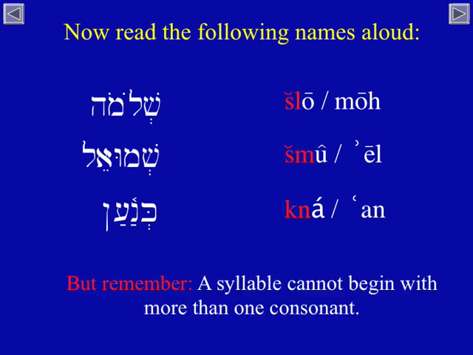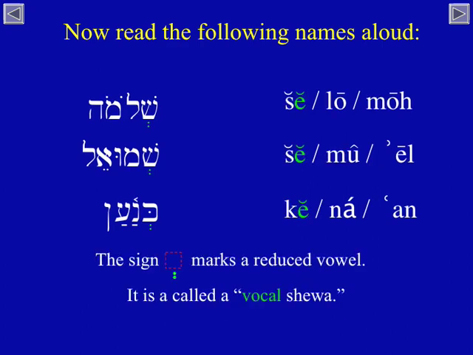But remember that a biblical Hebrew syllable must begin with one and only one consonant. So in these forms, we know that there is a slight pronunciation to that shva, a slight pronunciation to break up the consonant cluster at the beginning of the syllable.